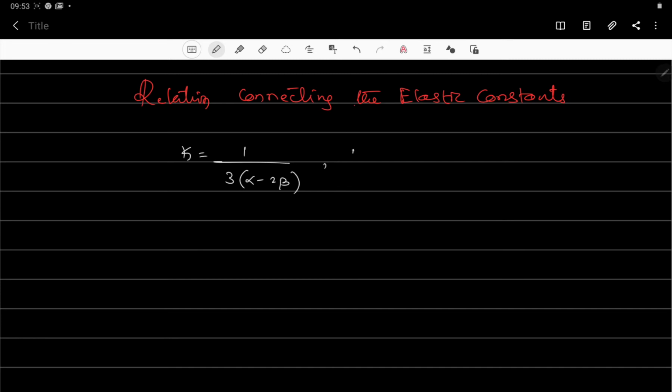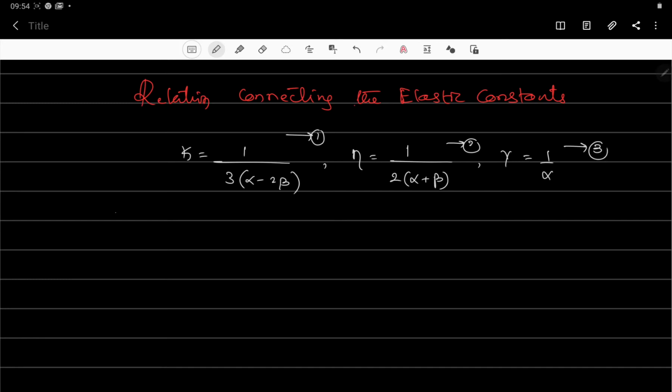We got another one, that is eta equals 1 by 2 alpha plus beta, and the third one, Young's modulus, Y equals 1 by alpha. This is 1, this is 2 and this is 3. Now we will derive the relation: what are the connections in the elastic constants?